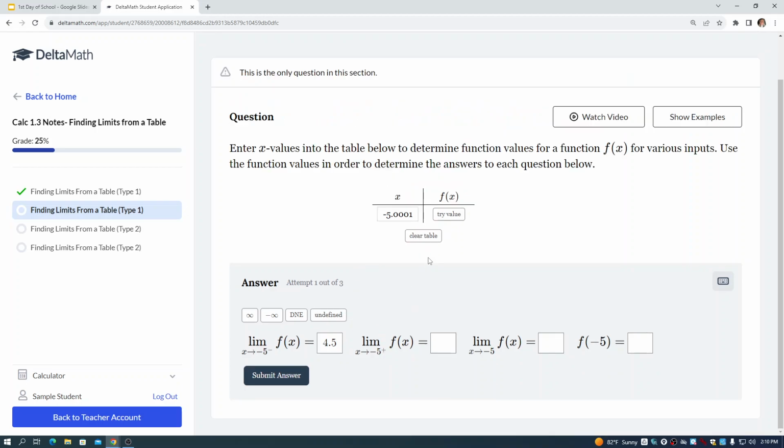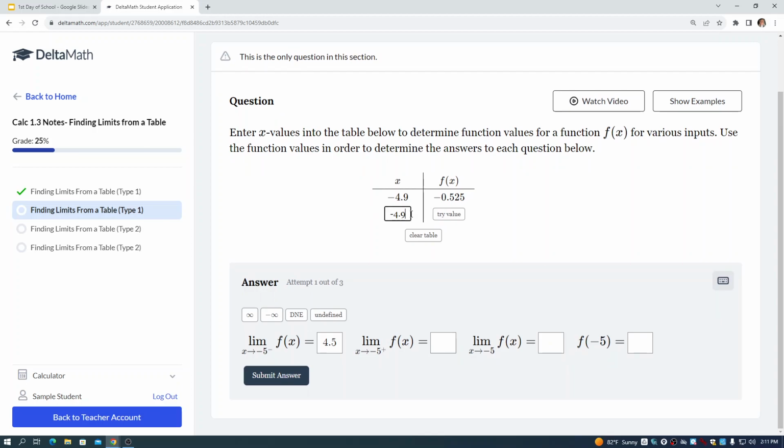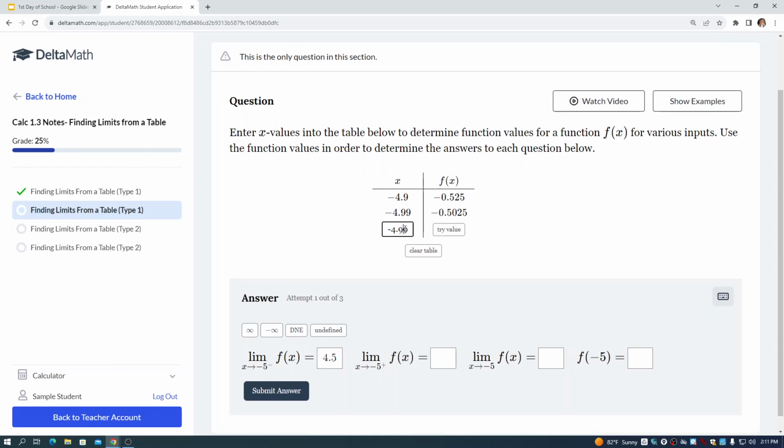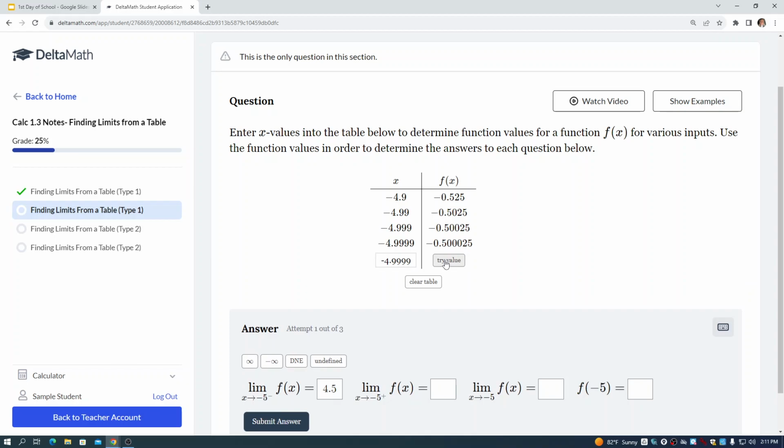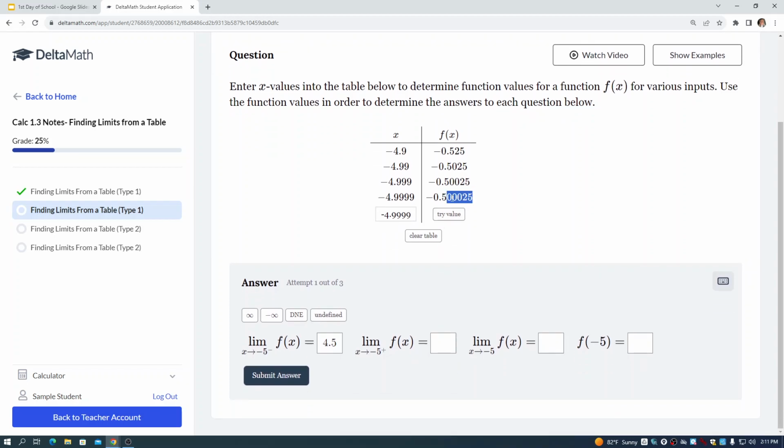Now, -5 from the right-hand side is a little less negative. So that's actually -4.9. Add in some more 9s. And you see that the zeros are just kind of making the rest go away. So it's -0.05. Well, from the left, it's a positive 4.5. From the right, it's a -0.5.